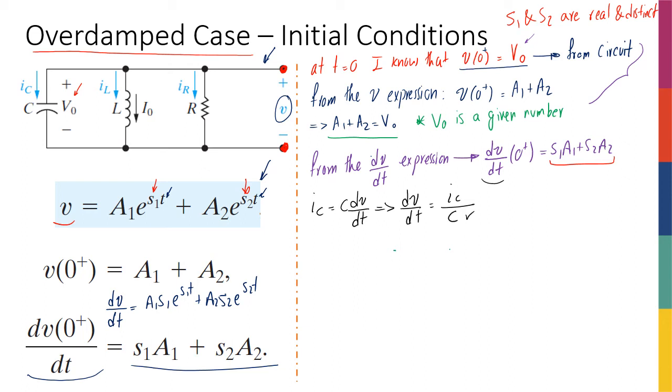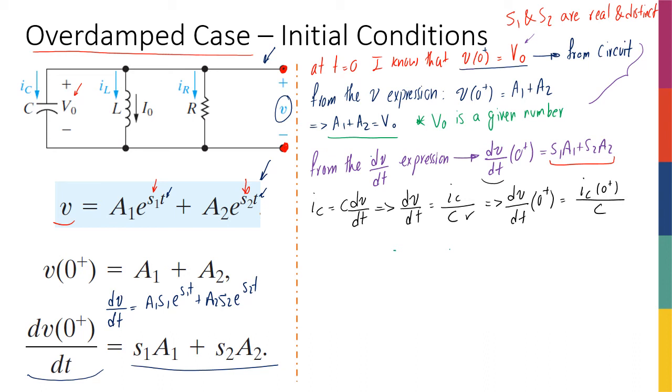How about IC? If I want dV over dt at 0 plus, I need to find IC at 0 plus over C. C is given. All I need is the initial current of the capacitor. But is that something that is easy?